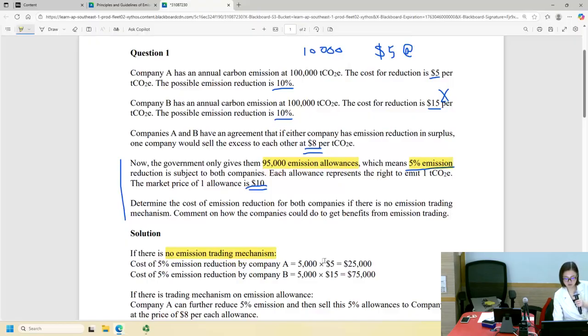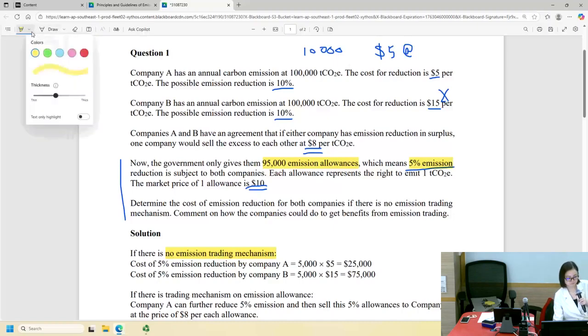So $5 and then reducing 5,000. So this is the total cost of emissions reduction by company A. All right, very straightforward. And for company B, it's more expensive, $15. So 5,000 multiplied by 15, and we have 75,000. Okay, this is the charge if there is no emission trading.